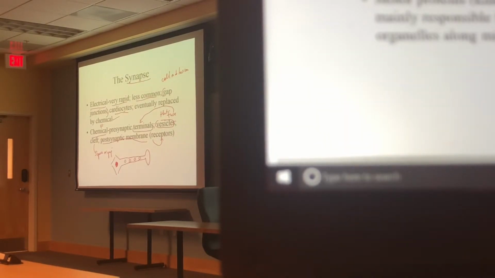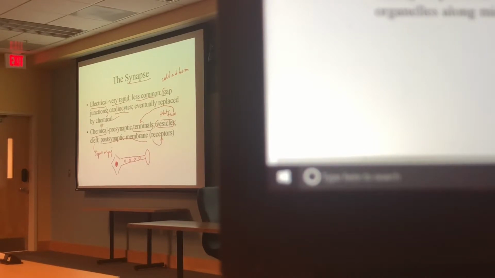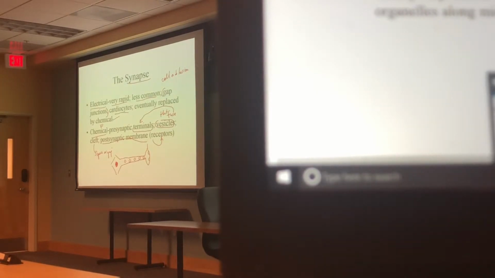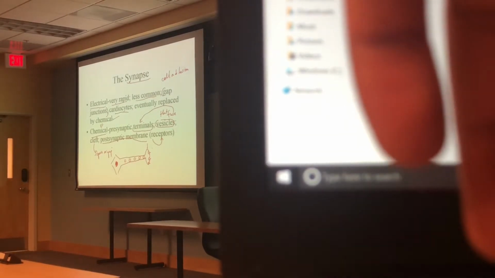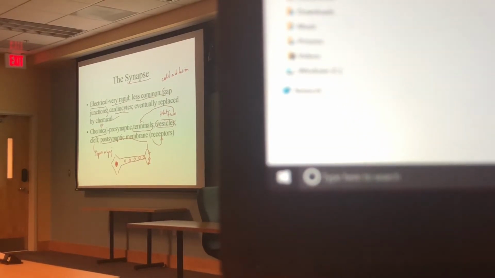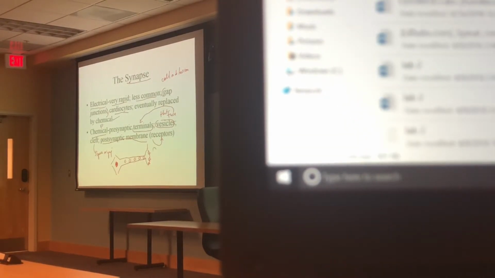So the presynaptic terminal is going to be this terminal right here. This vesicle is going to fuse to the presynaptic terminal, presynaptic being before the synapse, release its contents, and then you have the cleft, the space, the gap, and then you have the postsynaptic membrane.